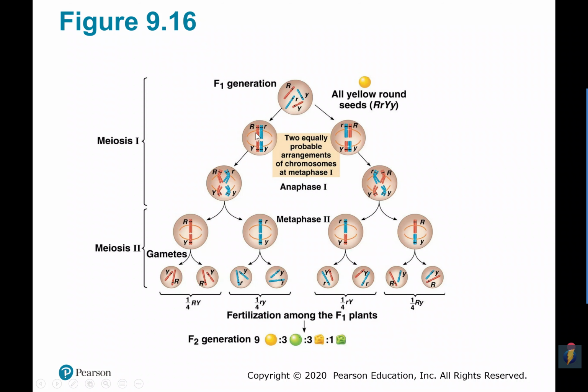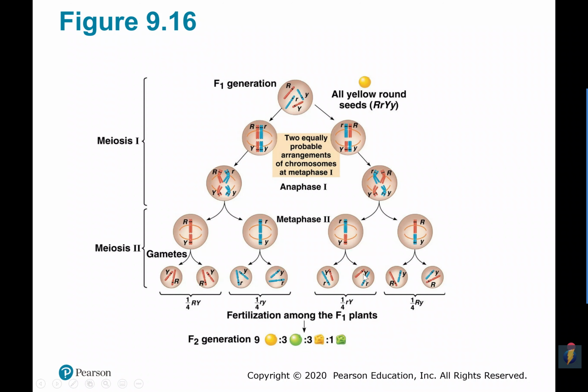You could have red, red, blue, blue, or blue, red, red, blue. It really doesn't matter. They're both equally possible. And then when the chromosomes separate during anaphase, they get pulled apart based on how they were arranged.